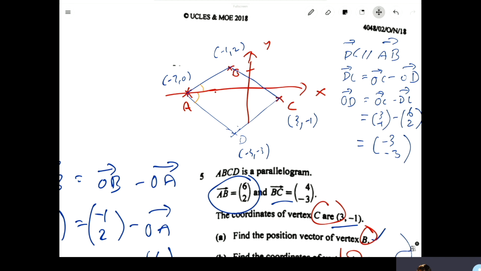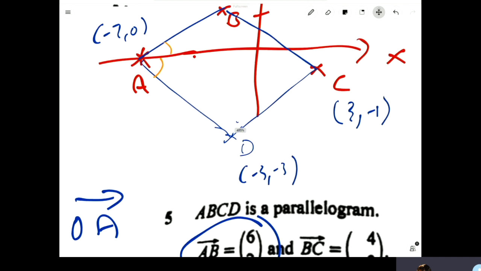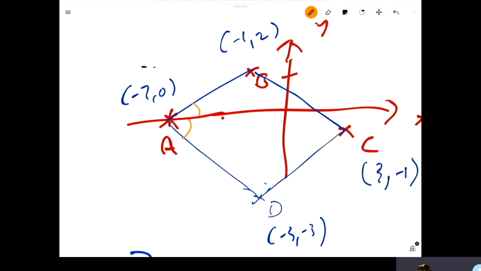BAO. Okay, this is what I'm going to do. Now, because you have all the coordinates, you can drop this one down, and drop this one down here as well. So, green color line, what is the length of this line and this line?